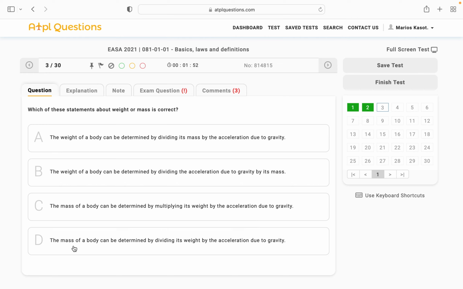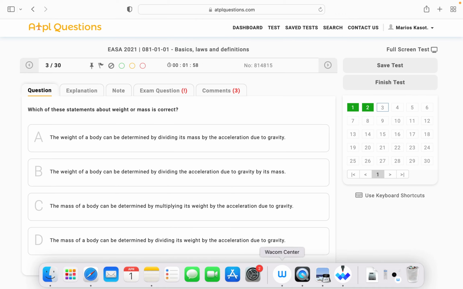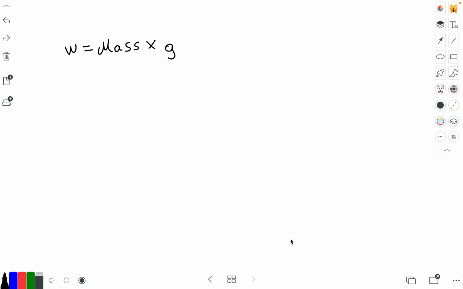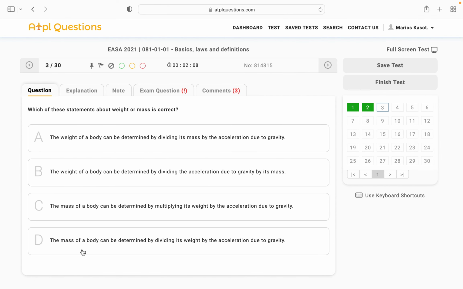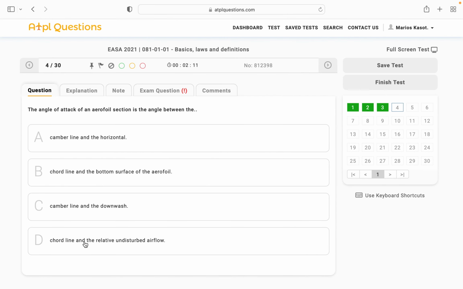No. And the mass of a body can be determined by dividing its weight by the acceleration due to gravity. So by rearranging this, mass equals weight divided by the acceleration due to gravity. So the correct answer is D. This is how we should work.